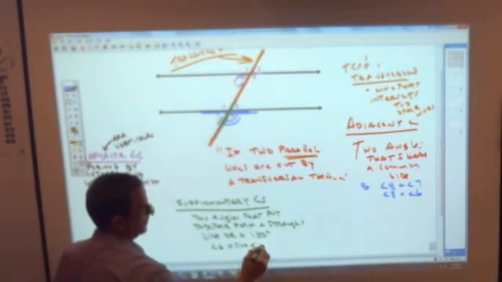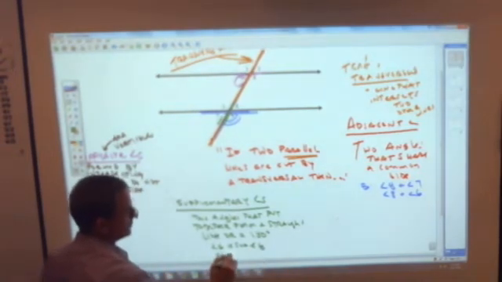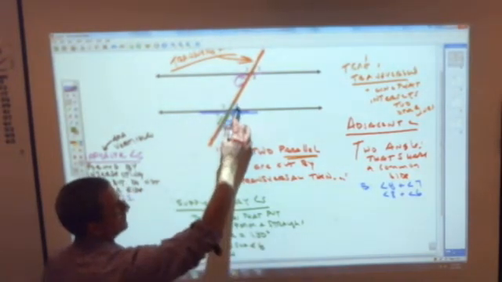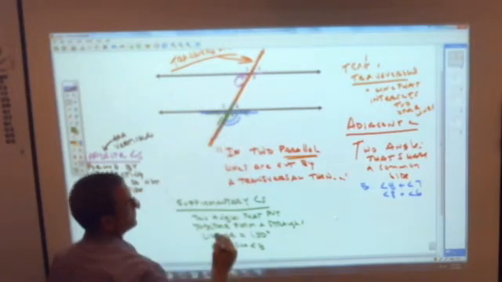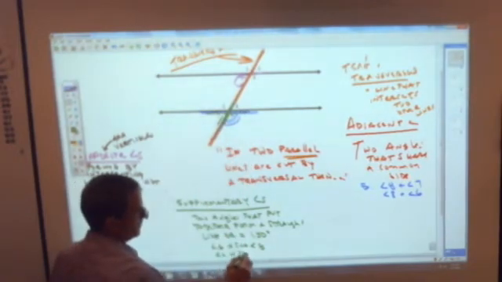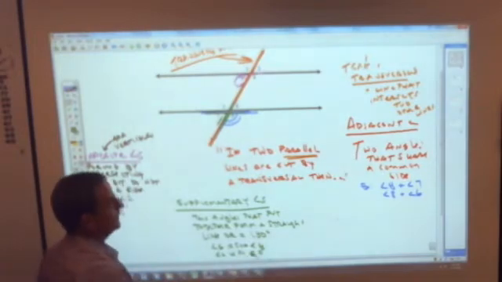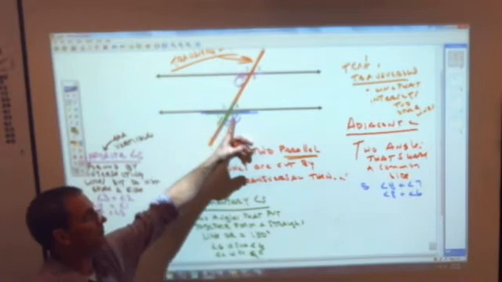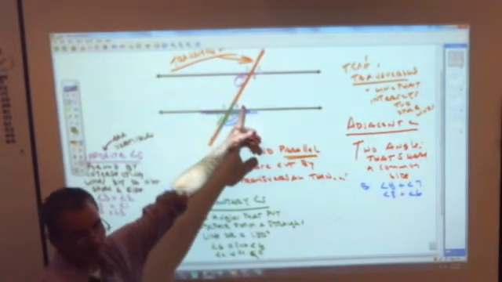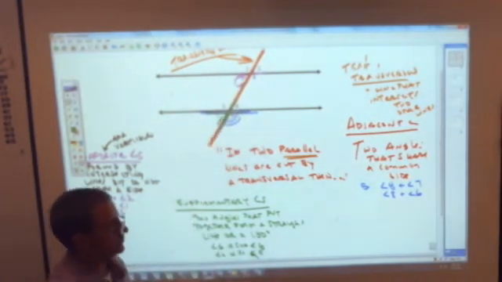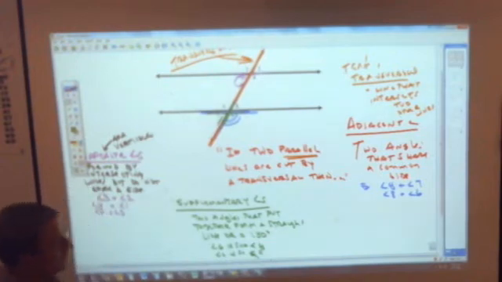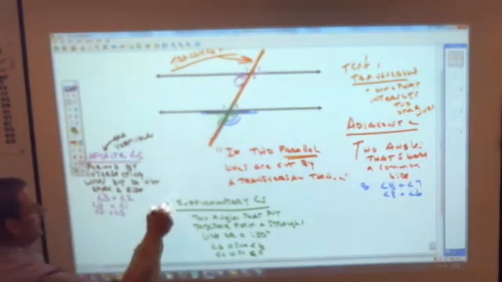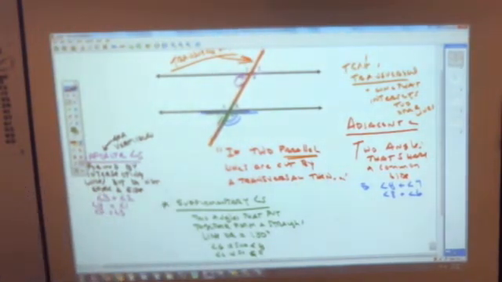Angle 6 is also supplementary to angle 5. The beauty of that is if I knew that angle 8 was 100 degrees, then angle 6 would have to be 80 degrees because they form a straight line. So we got adjacent angles, opposite angles, supplementary angles.